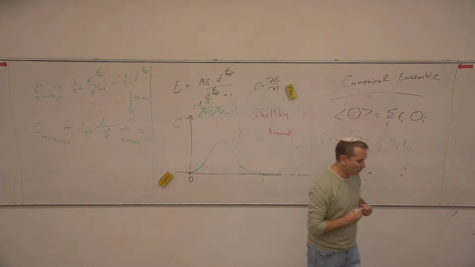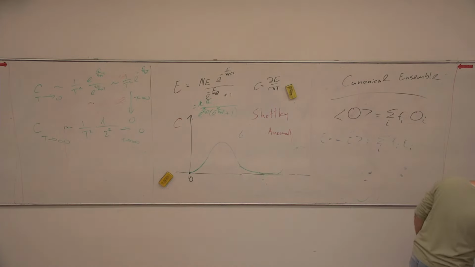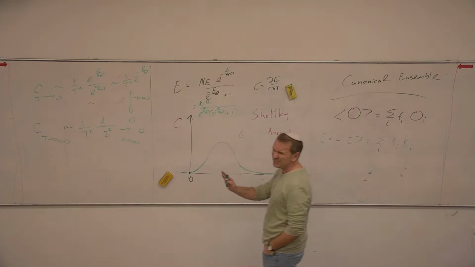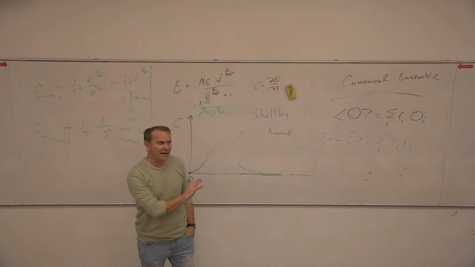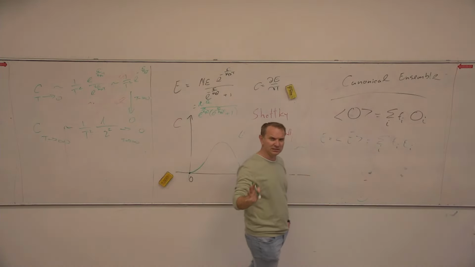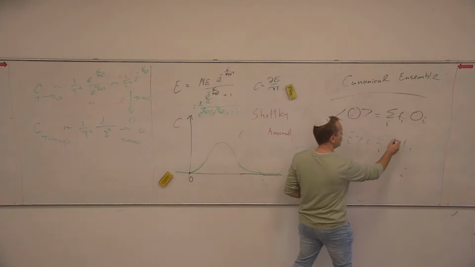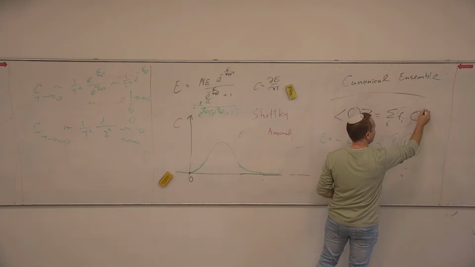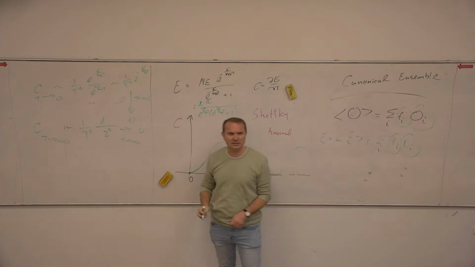Great. For the microcanonical ensemble, we tried to find almost the simplest description. I don't know what happens exactly, so I'm using statistical assumptions about those guys over here, some specific statistical assumptions.